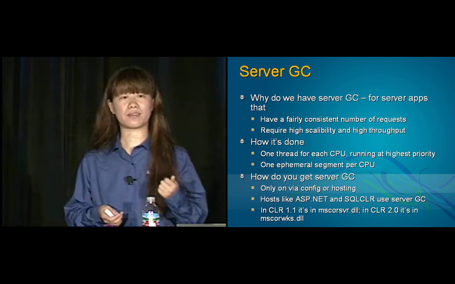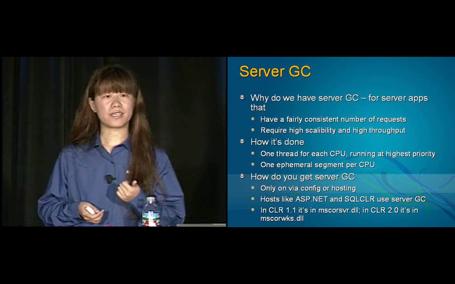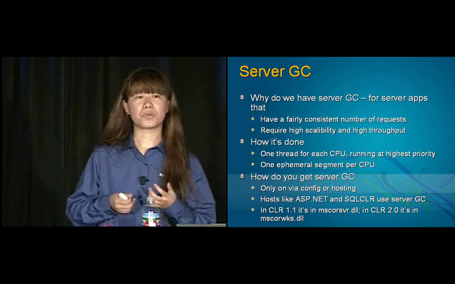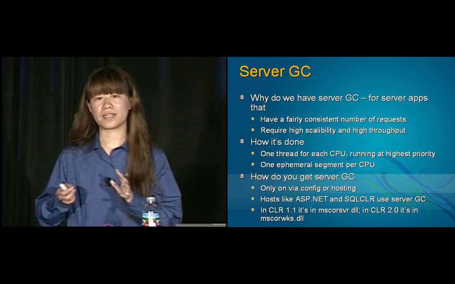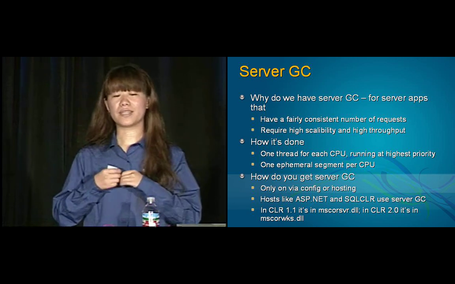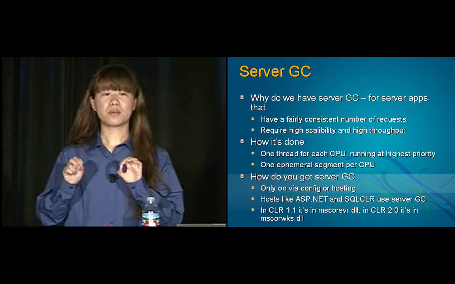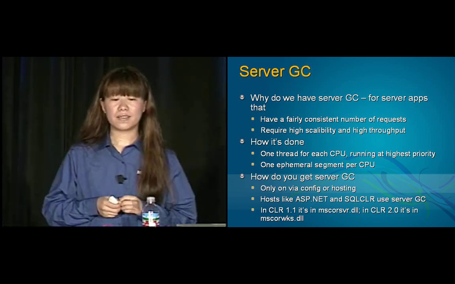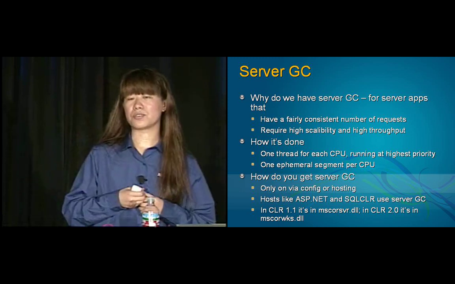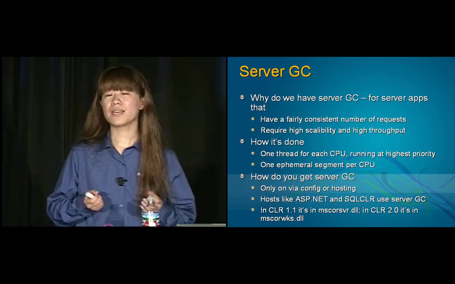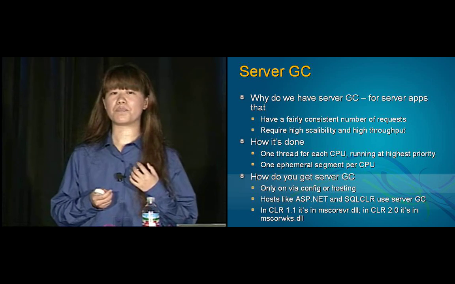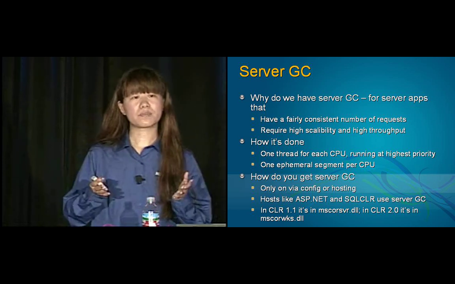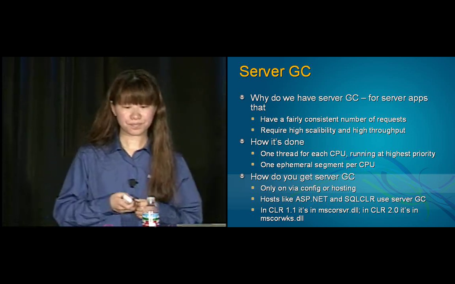The heap could have the small object heap and large object heap. And when we do the marking, each GC thread will go mark the live objects. And compaction is also done on each separate heap. So you can see that this makes your GC go approximately that much faster.